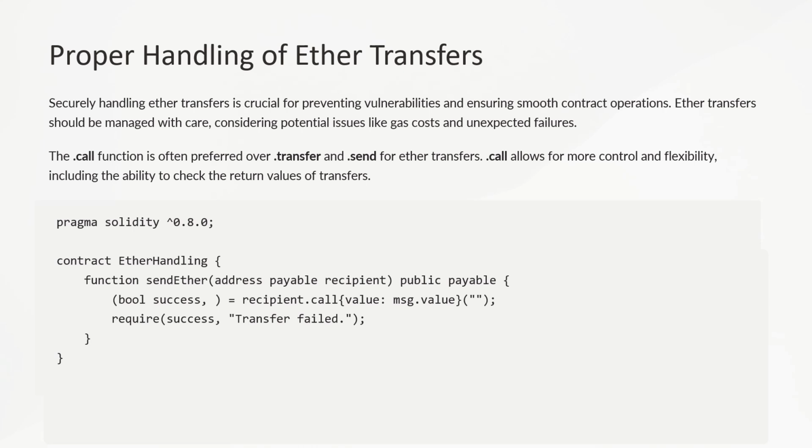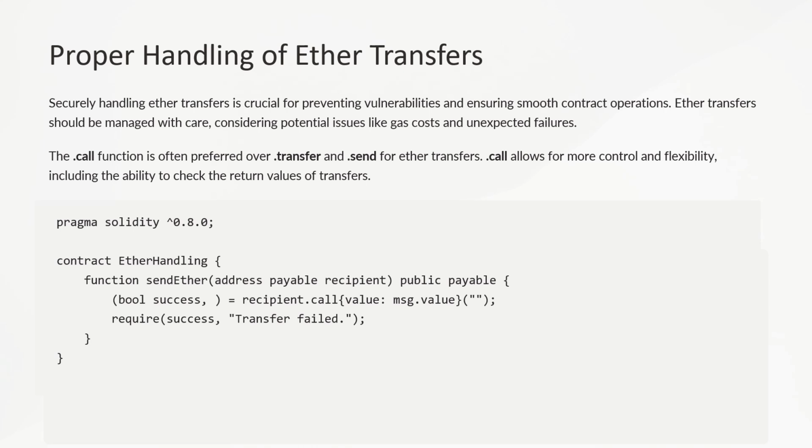The Ether handling contract in Solidity is designed to handle Ether in a secure manner. The sendEther function is a public and payable function, meaning it can receive and handle Ether. It takes an address payable recipient as a parameter, representing the address of the recipient to whom Ether will be sent.